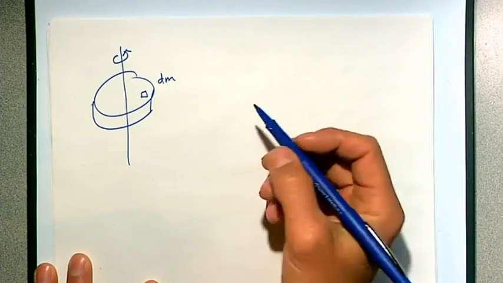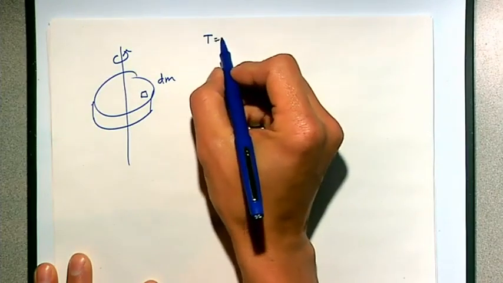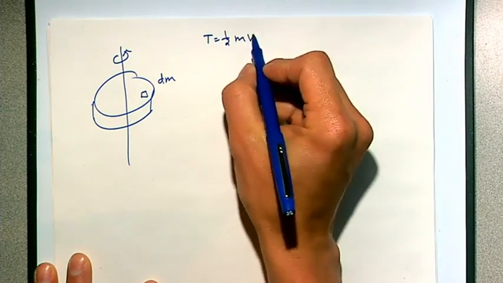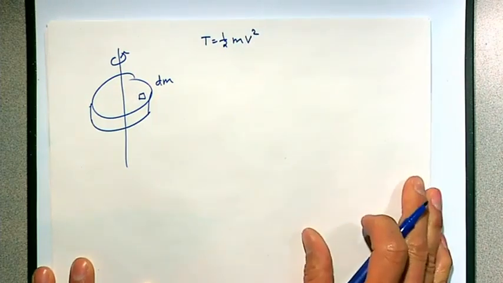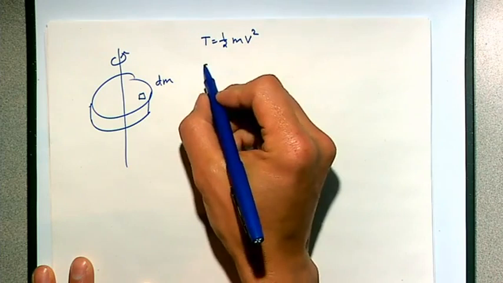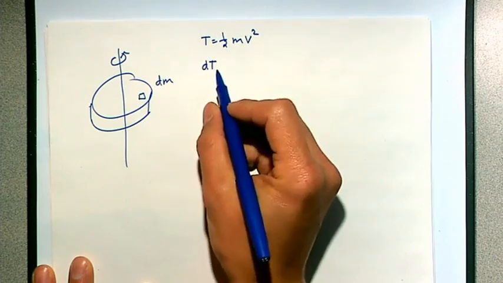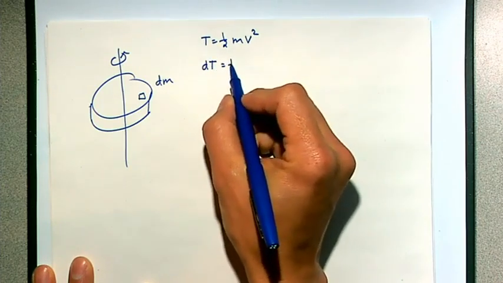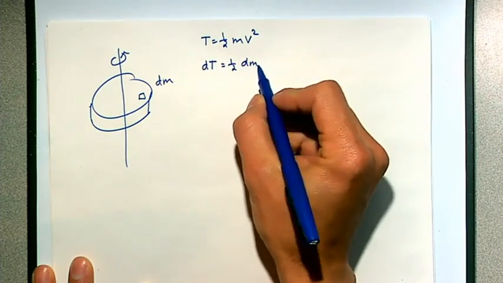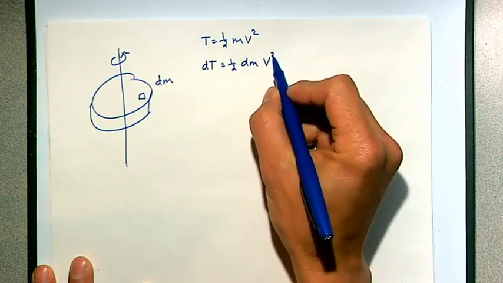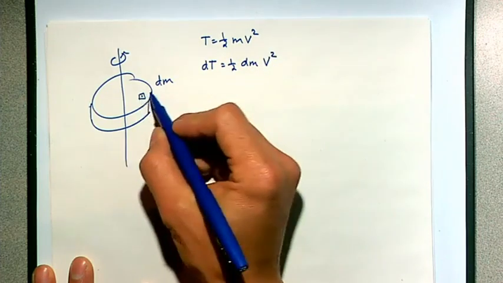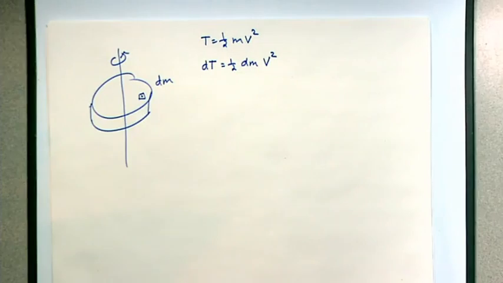So if T is half m v squared, maybe we can think of an incremental energy as half dm times the velocity of each one of these little guys squared.